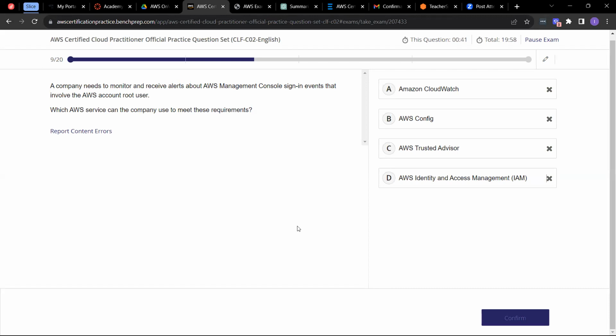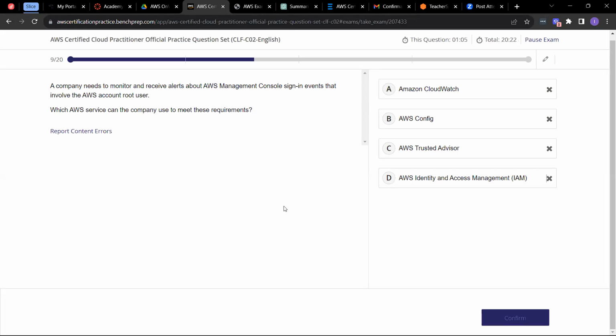Okay, so Eben says C, Trusted Advisor. We spoke about this yesterday. When we are talking about monitoring, we are looking at CloudWatch, right?